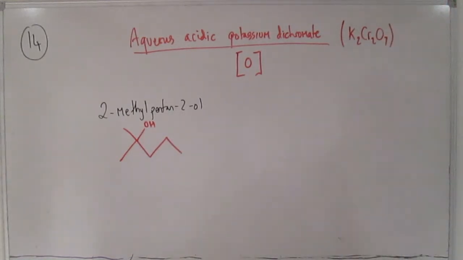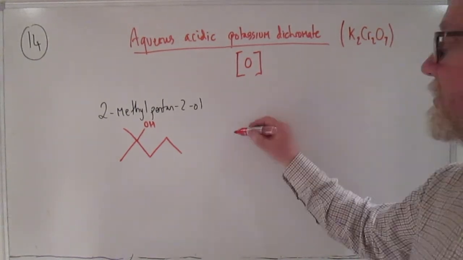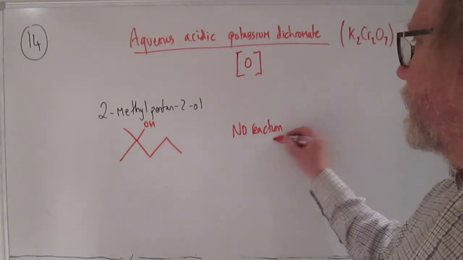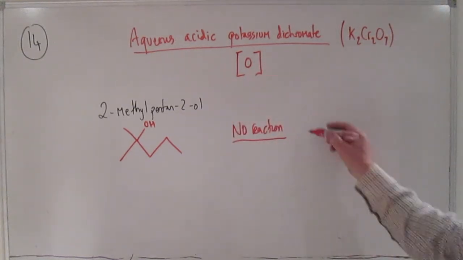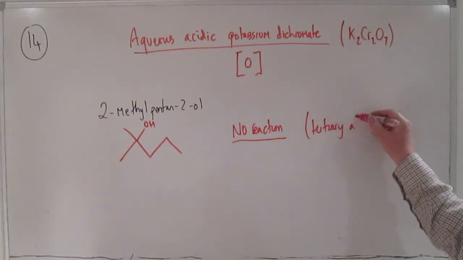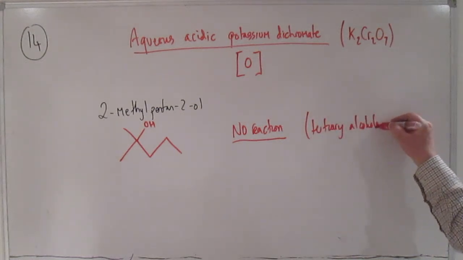And tertiary alcohols, if you expose them to an oxidizing agent like this, they just take no notice. So there will be no reaction with aqueous acidic potassium dichromate because it's a tertiary alcohol. So tertiary alcohols don't react.